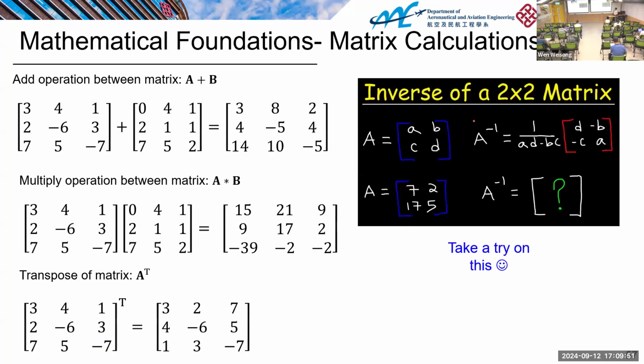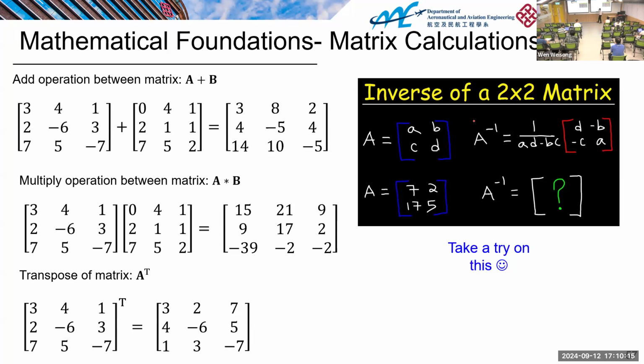So for example, you can do some basic calculations. For A plus B, you do the summation of each of the relevant components. And if this is a 2 by 2 matrix, we can easily calculate the inverse based on these rules. So for this one, you can just take a try.